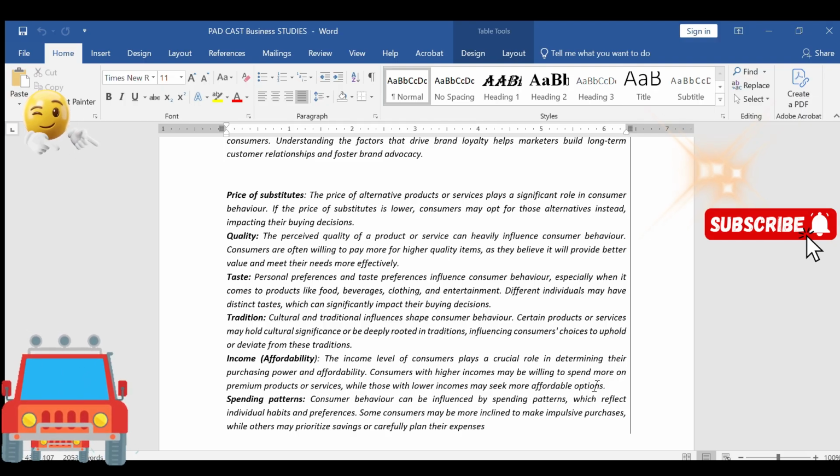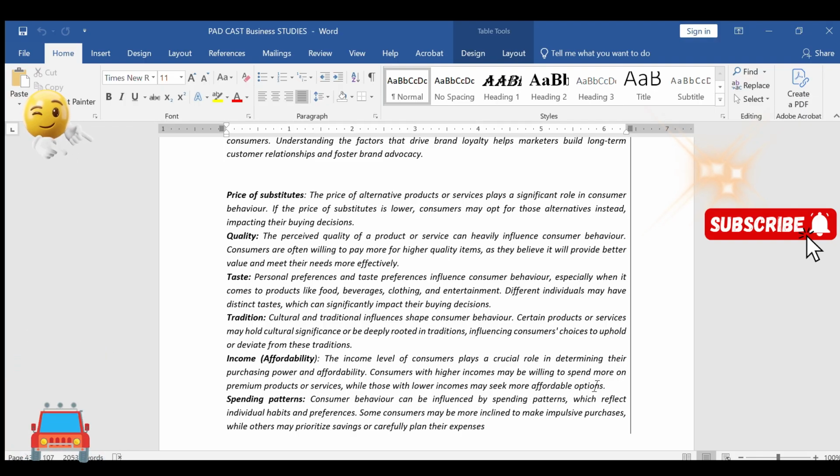Taste. Personal preference and taste influence consumer behavior, especially when it comes to products like food, beverages, clothing, and entertainment. Different individuals may have distinct tastes, which can significantly impact their buying decisions. Tradition.